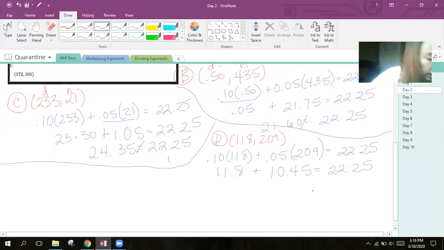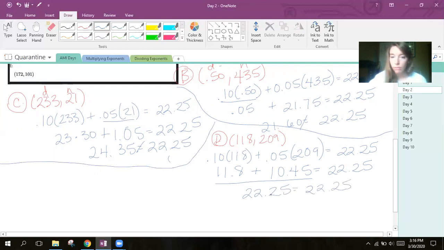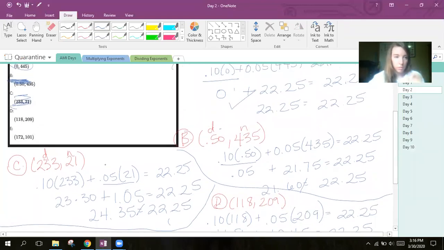So we're going to add those together, and when you add them together, it gives you 22.25, which is equal to 22.25. So that one would be a solution. We're going to go back up and come over here to D, and that one is a solution.